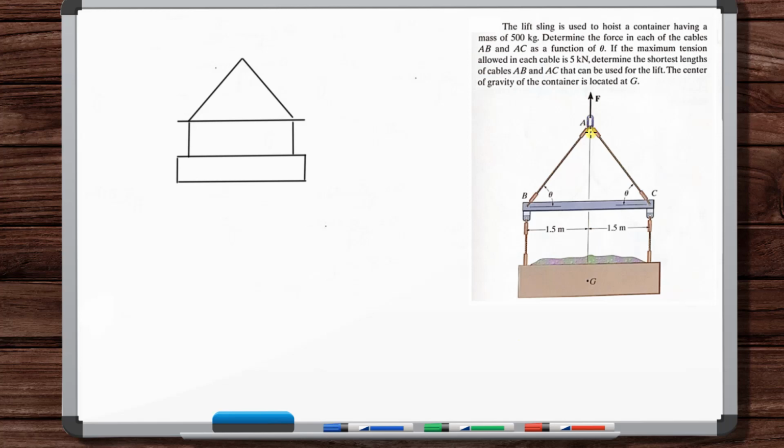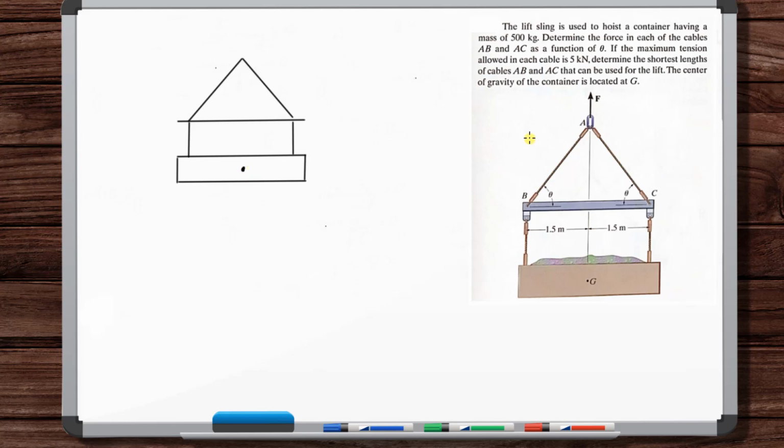So even if this was moving at constant velocity, it would be moving as a unit. So you can treat this entire assembly as a system, and all of these internal forces, as far as this free body diagram is concerned, you can neglect.